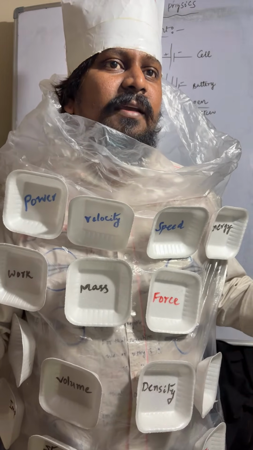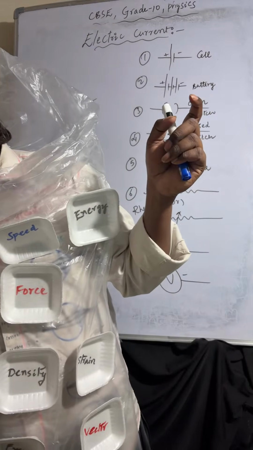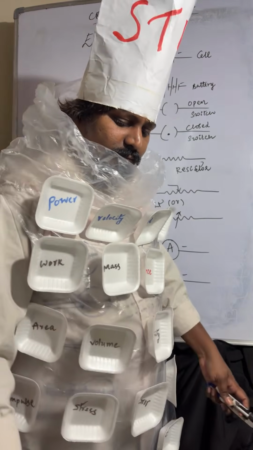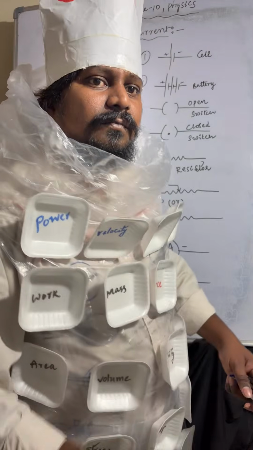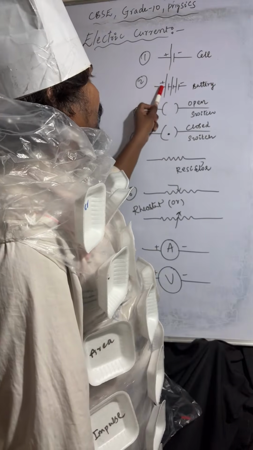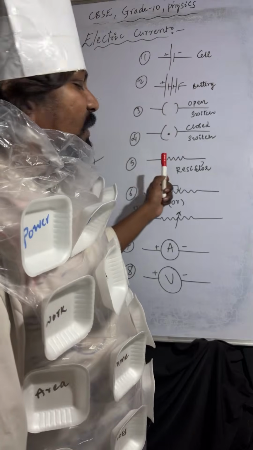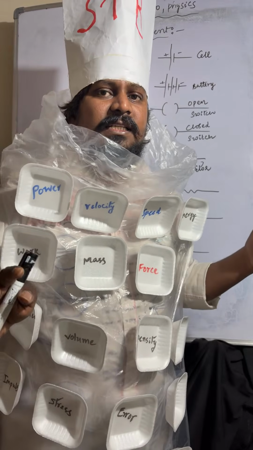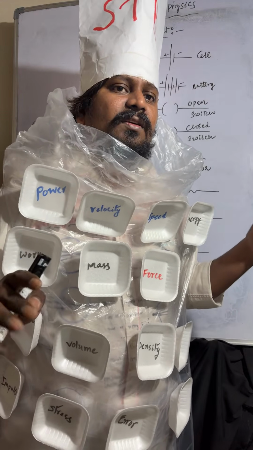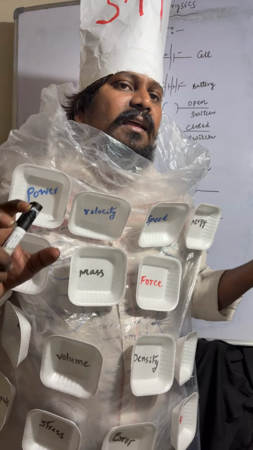So now we can see, first one is cell, battery, open switch, closed switch, resistor. Here, a resistor is a device which is used to oppose the electric current in the circuit.